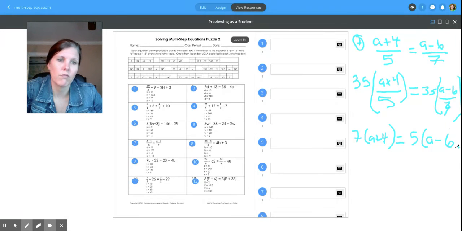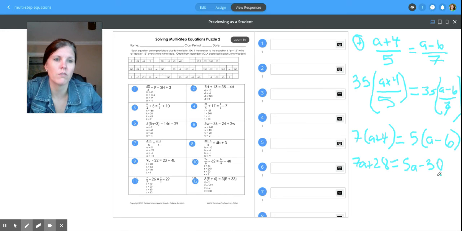Okay, and this is far more simple. This is much easier for us to deal with. Now you've got 7a plus 28 because we distribute, equals 5a minus 30. Oh, now this looks much easier. You guys can solve that equation.